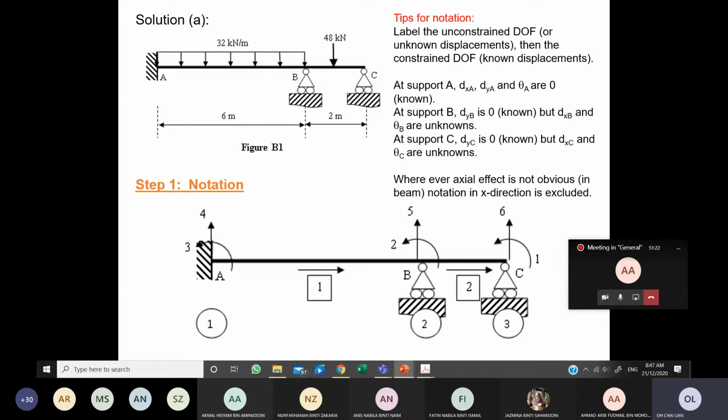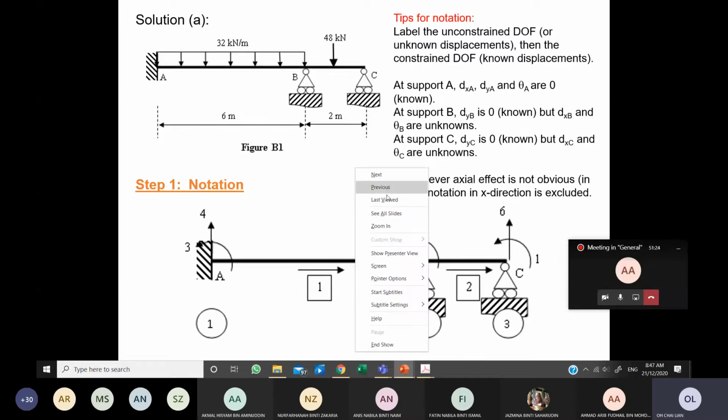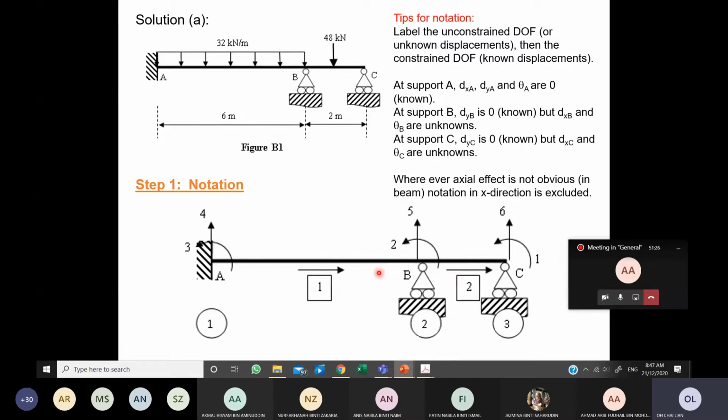We have 3 support reactions at A, right? So 3 and 4 will be known or unknown, class?